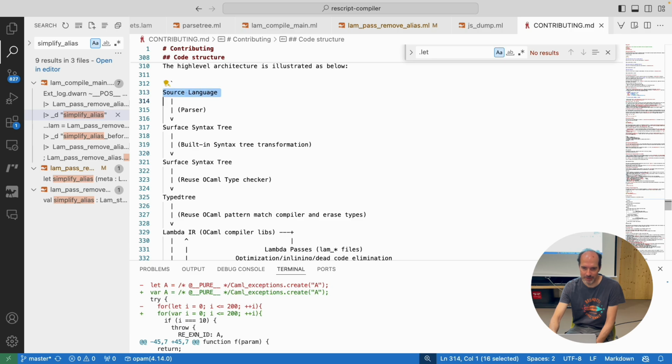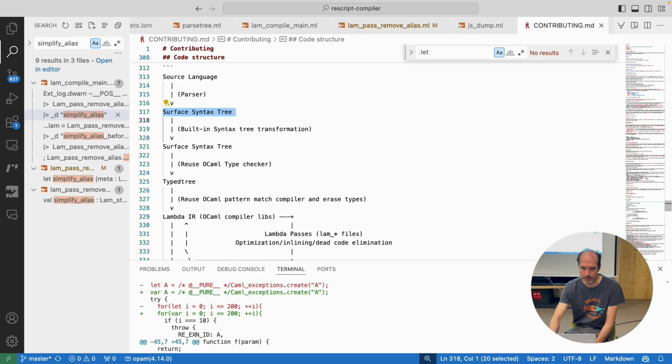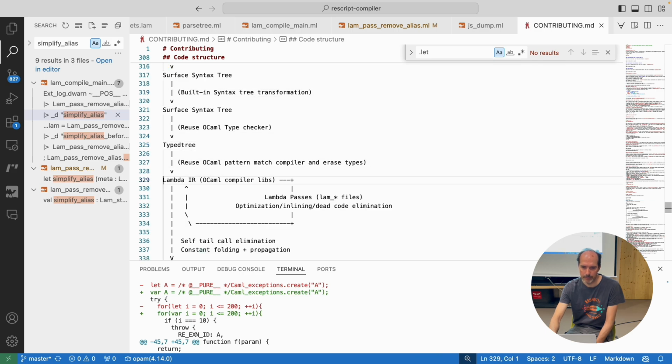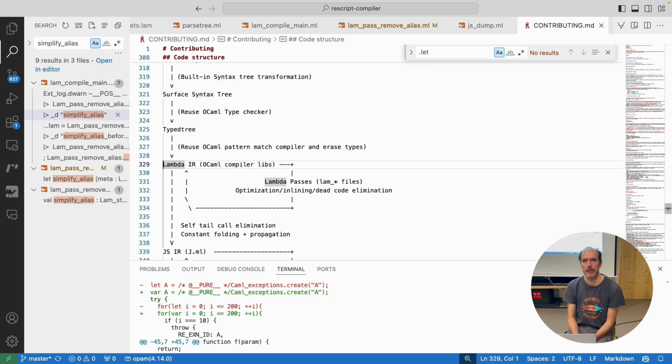So far, so good. There is a parser. The pattern matching mechanism is also modified in ReScript. Well, there are many, many things at all levels that are modified.